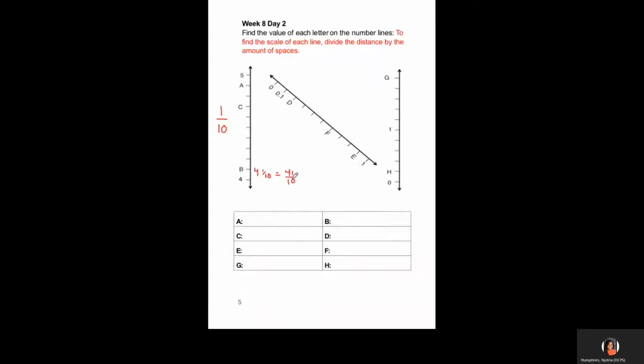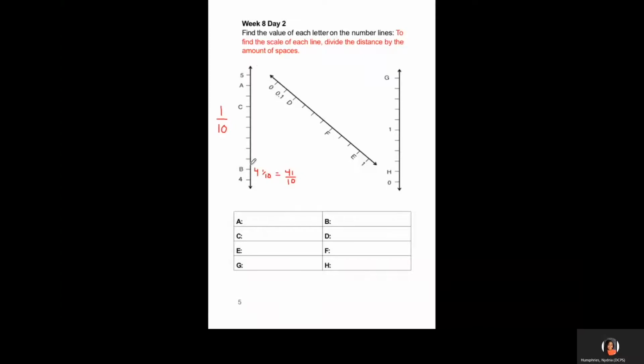Right? And we can see clearly that we have 4 wholes and a tenth, because 10 times 4 is 40. So 40 plus 1 is 41. All right, so B is 4 and 1/10.